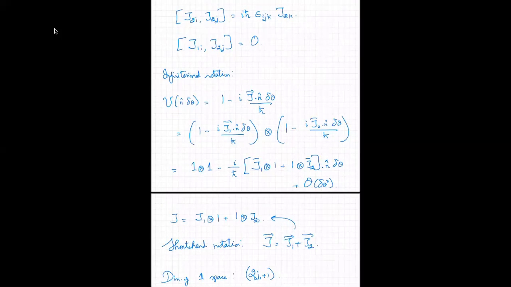Sir, here we are constructing the infinitesimal rotation operator for the space of J1 and J2. So we have this operator which conserves this mapping for J1 and again conserves this mapping for J2. So why isn't it like this rotation operator of J1 direct product with I, times I direct product with the rotation operator of J2?